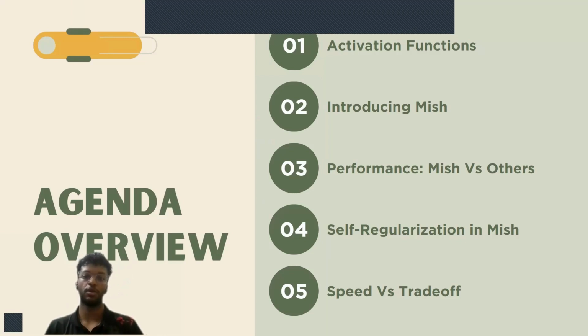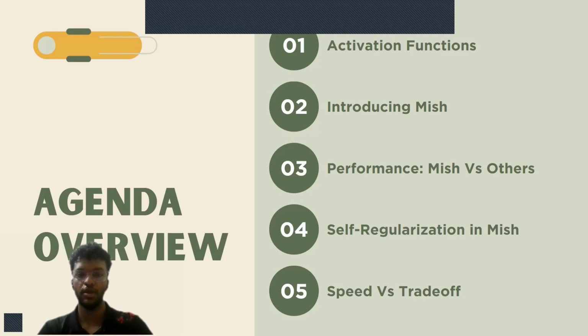We're also going to look at the performance of Mish against other activation functions like the rectified linear unit, Leaky ReLU, sigmoid, tanh and other activation functions like that. Okay, so let's start our discovery.